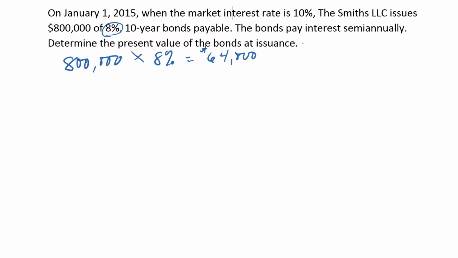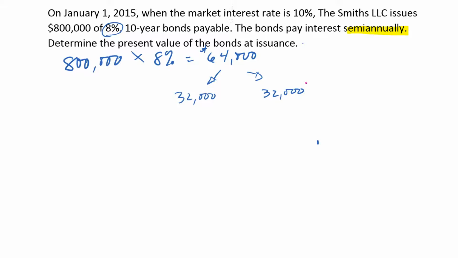Now the next thing that we have to pay attention to is that most bonds pay interest semi-annually. So it's true that over the course of the year these bonds are going to pay out $64,000, but what that really means is in the first half of the year they're going to pay $32,000, and in the second half of the year they're going to pay $32,000.